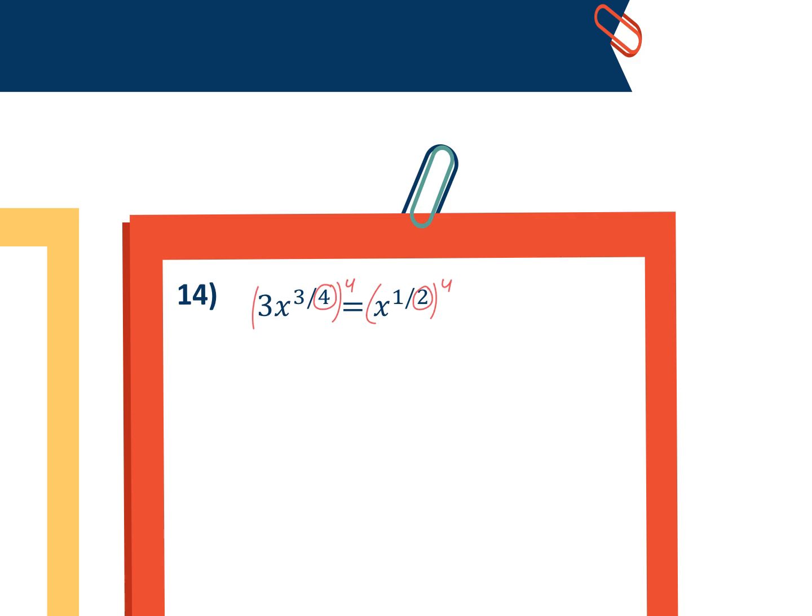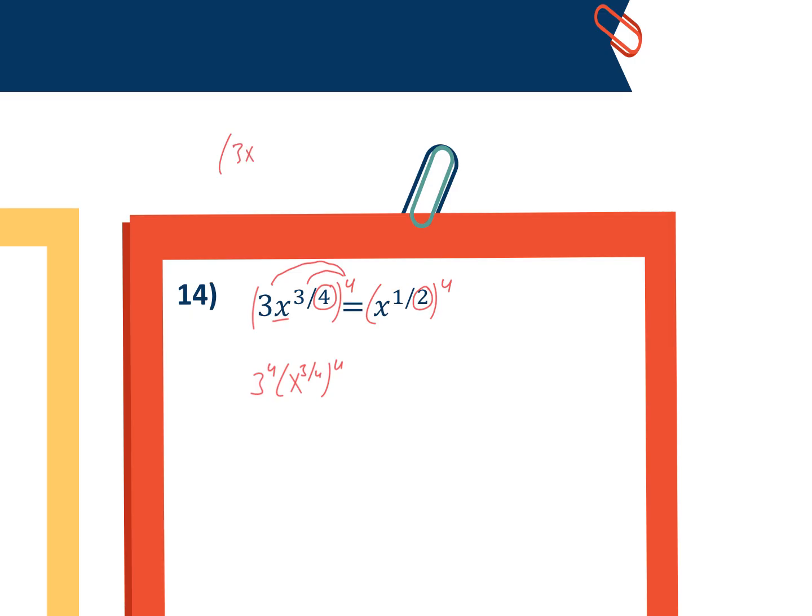So 3x is not raised to the 3/4. It is just the x. So this 4 is actually going to both of these values here, the 3 and the x to the 3/4. So this is the same as 3 to the 4th, and then x to the 3/4 to the 4th. That has to go to both of them. So hopefully we understand that difference.